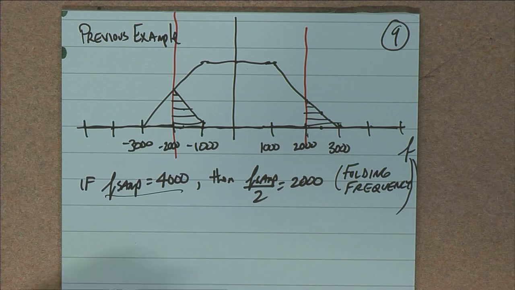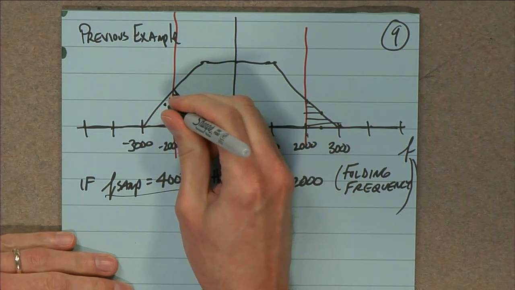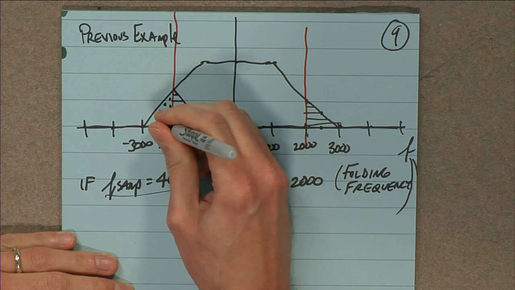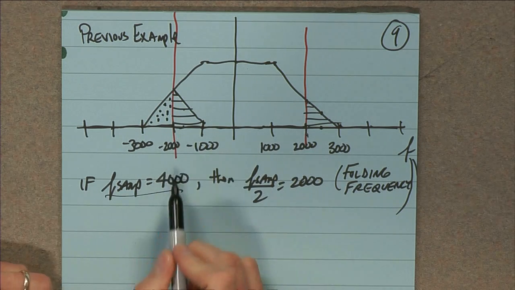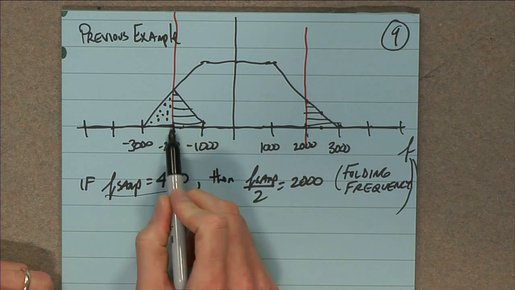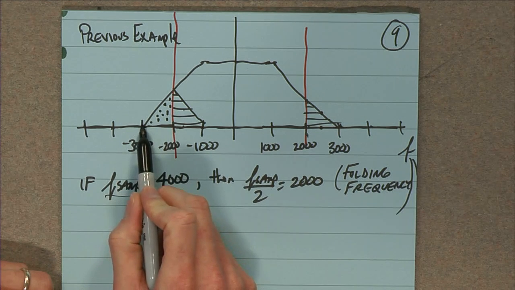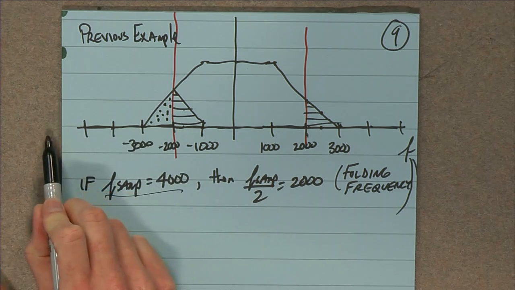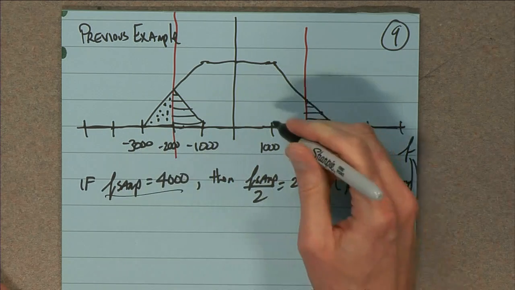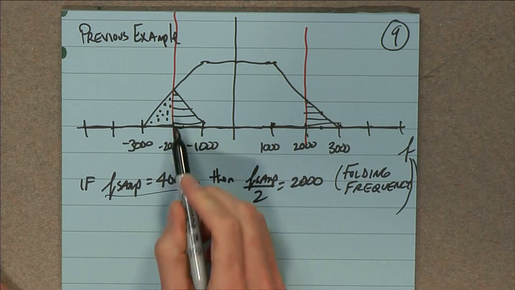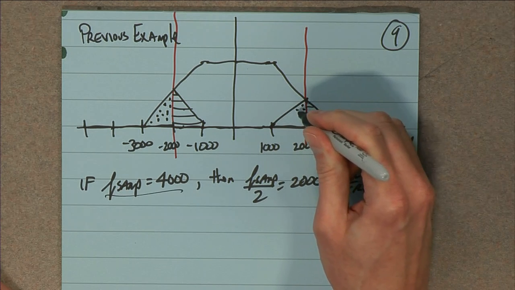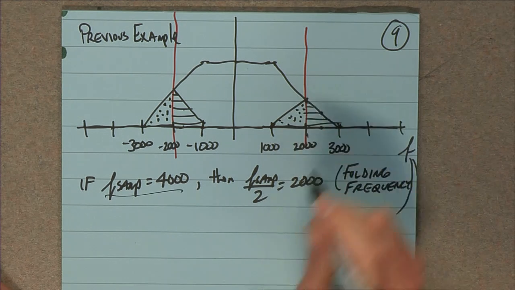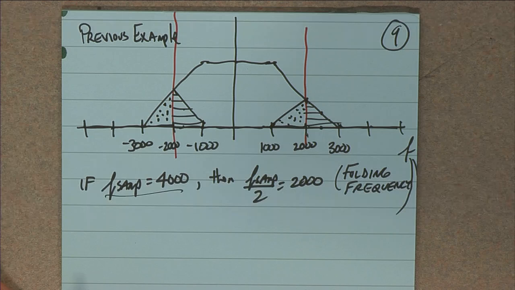Of course, we can do the same thing with this bandwidth, which I'll just put some dots on. So everything over here, we can apply the same logic. Is it greater than f-samp over 2, the folding frequency? Yes. Minus 3000, subtract 4000, I'm over here, so that's no good. Add 4000, I'm over here at 1,000. And of course 2000 is the same. So we end up with that dotted bandwidth aliasing in there.